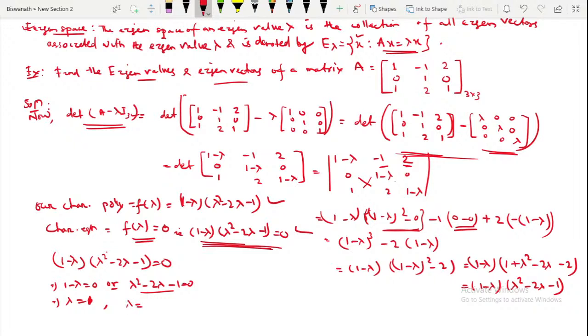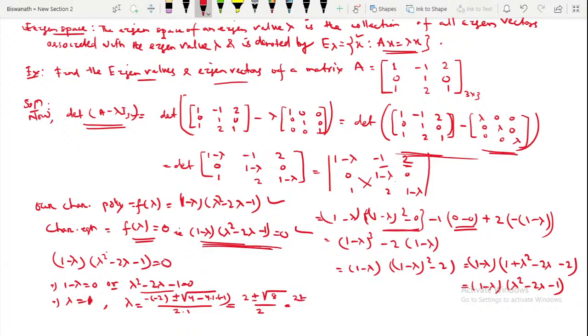I can write here lambda is equal to minus b plus minus square root of b square minus 4ac by 2a formula. So minus b will be minus of minus 2, plus minus square root of b square, that is 4, minus 4ac, 4 into 1 into minus 1, by 2a, that is 2 into 1. So this will be 2 plus minus square root of 8 by 2.